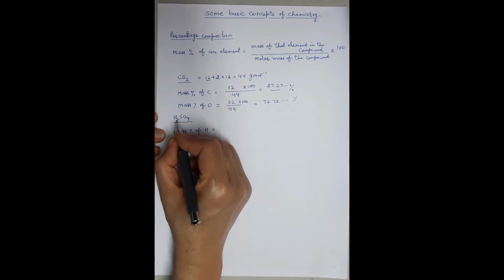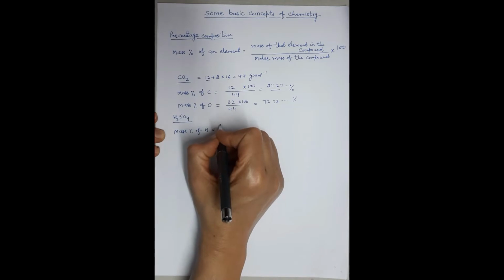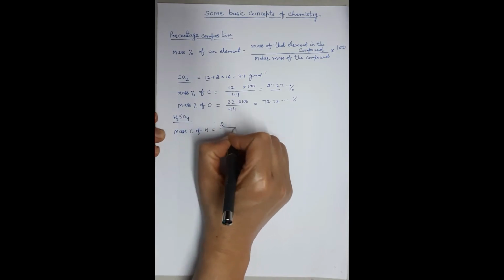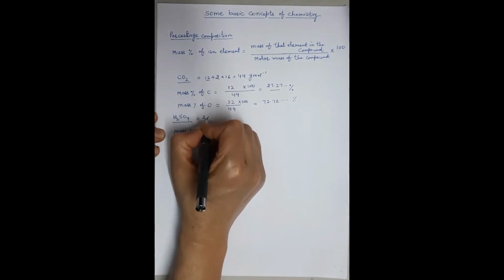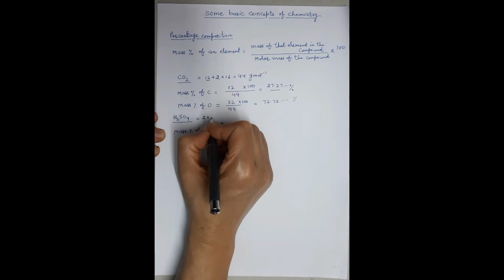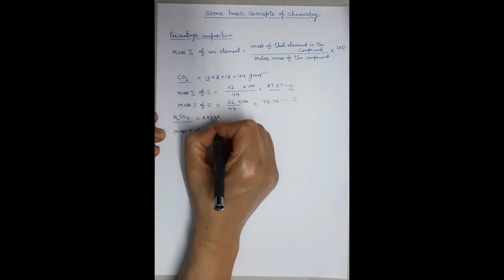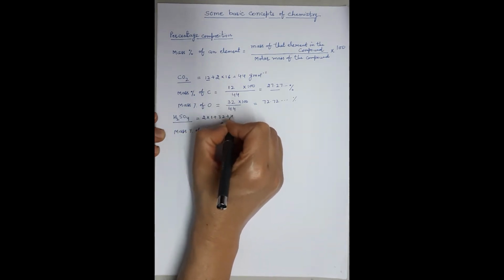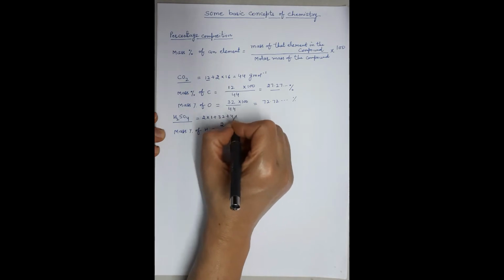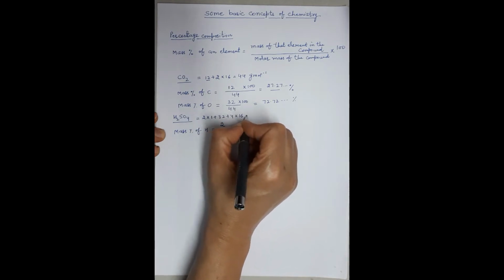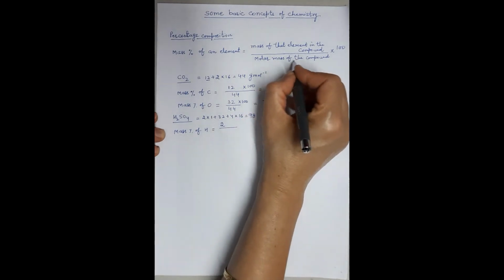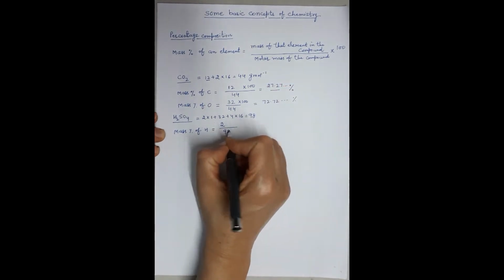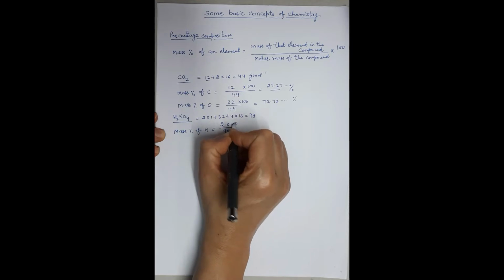There are 2 moles, so 1 mole has molar mass 1 and 2 moles will have 2, divided by the total molar mass of sulfuric acid, which is 2 into 1 for hydrogen, plus sulfur 32, plus 4 moles of oxygen, so 4 into 16. It comes out to be 98. So the total molar mass of the compound is 98, into 100.